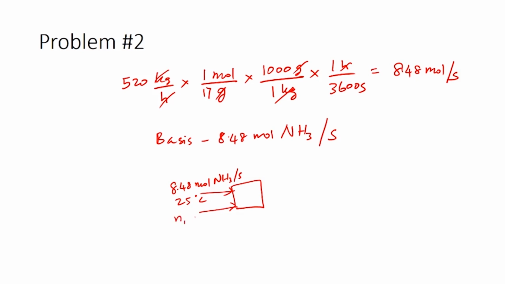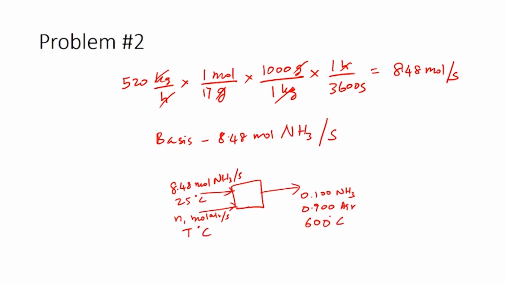So, let us call it N1 moles of air per second, and we also do not know the temperature at which it is coming in. So, we will call that T degrees Celsius. We do know that the final mixture is going to have 10% ammonia, which is 0.1 ammonia and 0.9 air. So, this is the condition of the mixture, and we have also been told that the temperature of this mixture is 600 degrees Celsius.